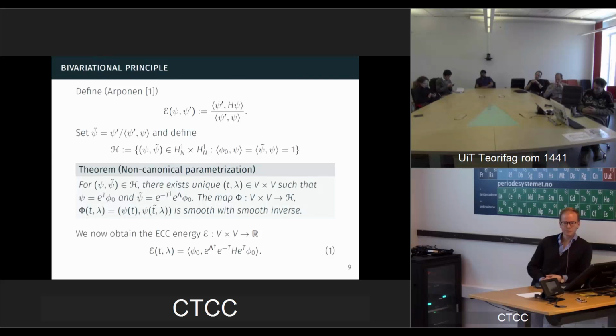In this ERC project that I run, in which André is a postdoc, they're trying to find out more about the bivariational principle from a mathematical point of view.